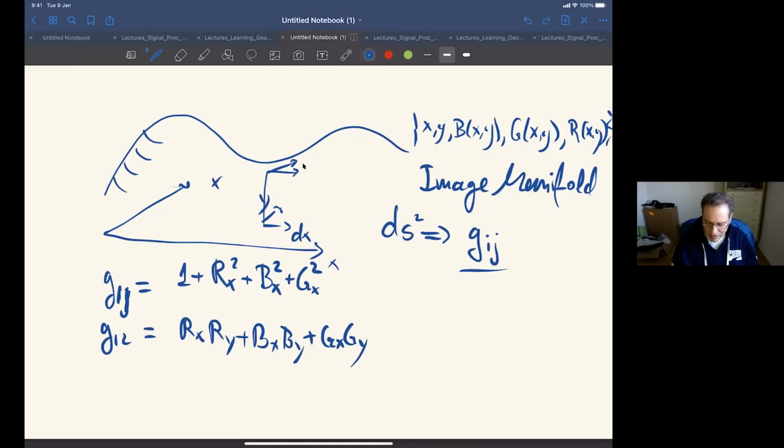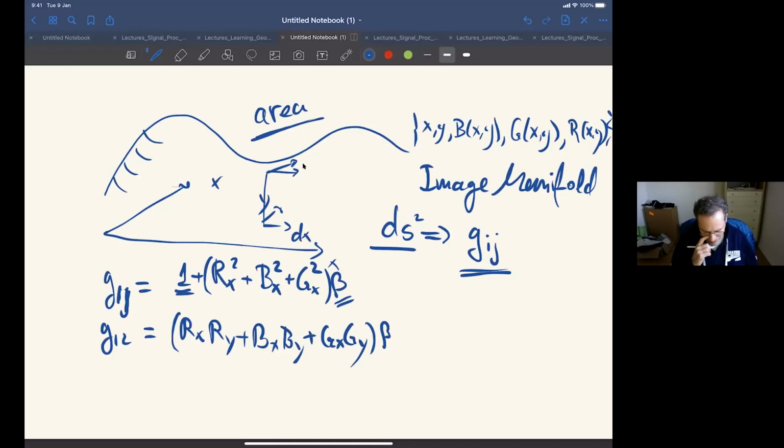Now, the moment I have arc length and I have a metric, I can define the area of the image manifold. And remember, there is also a beta here that I failed to mention. This beta tells me how the X and Y coordinates are related to the red, green, and blue colors.